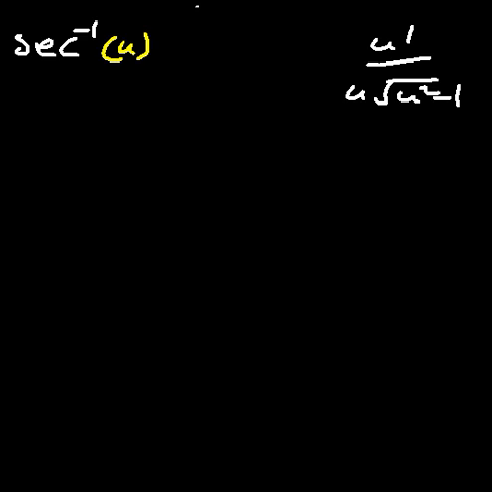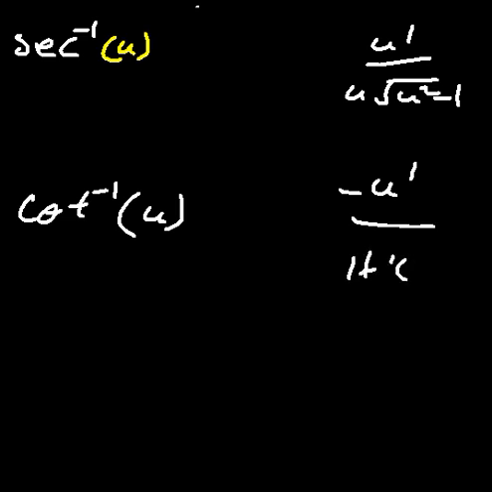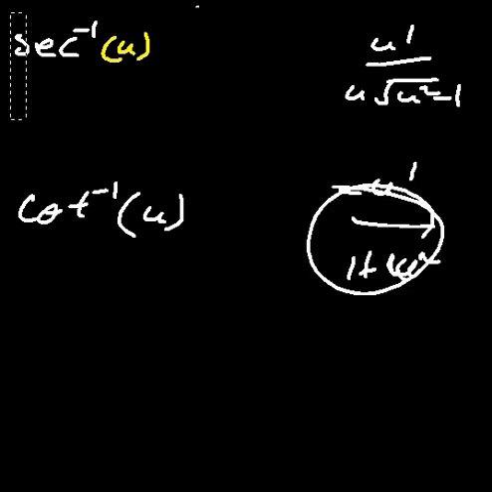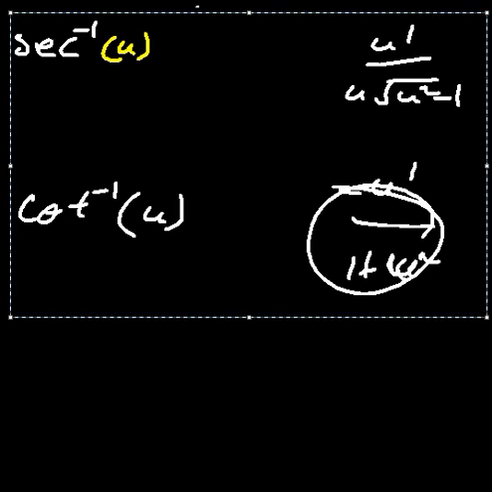So we have cot inverse of a function with input u. What is its differentiation? We'll have it as negative u prime over 1 plus u square. So what does it mean here? Let me go back to a sine inverse function. This will be true for all such functions.